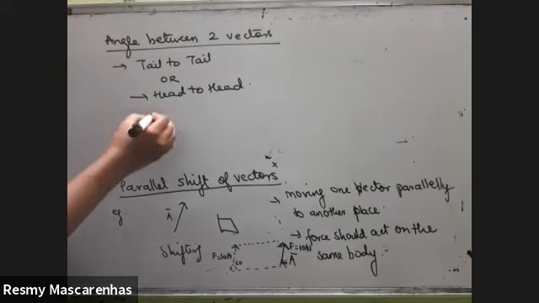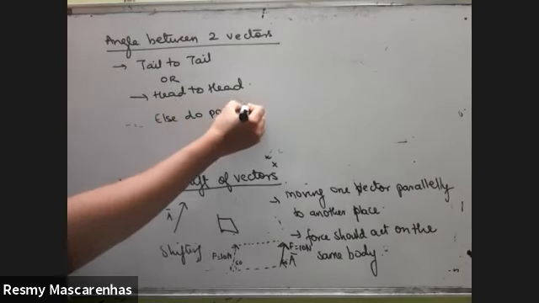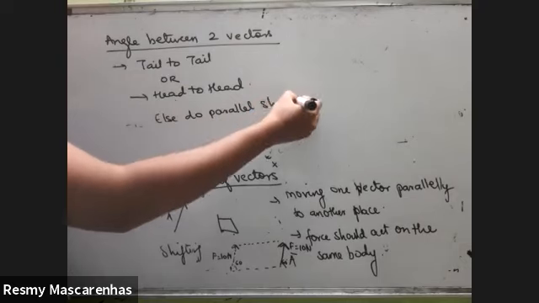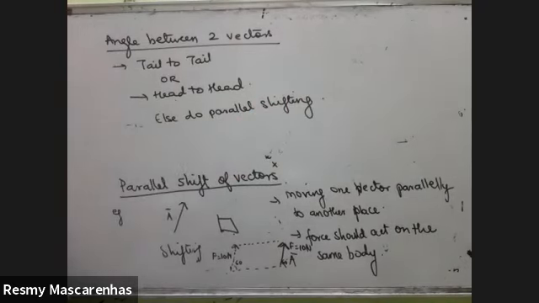Otherwise, you have to do parallel shifting. Whenever I want to measure the angle, if tail to tail is directly given, I can directly measure that angle. Head to head is also given, I can directly measure that angle. But if head and tail are joining each other, then I have to do some parallel shifting and bring tail to tail together or head to head and then measure.